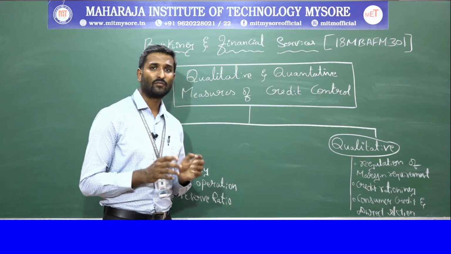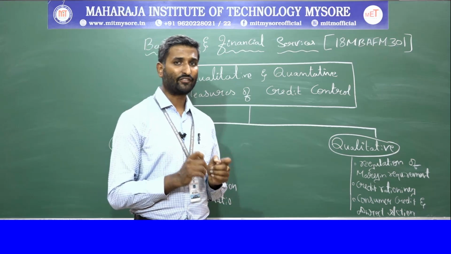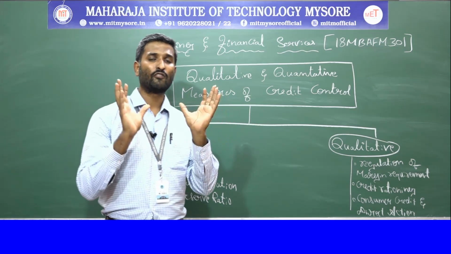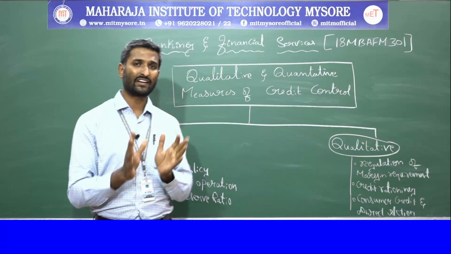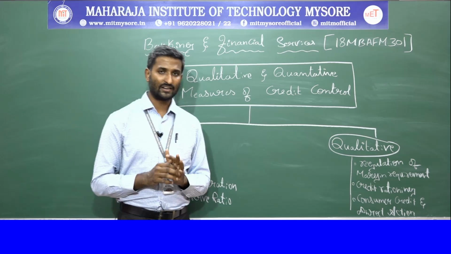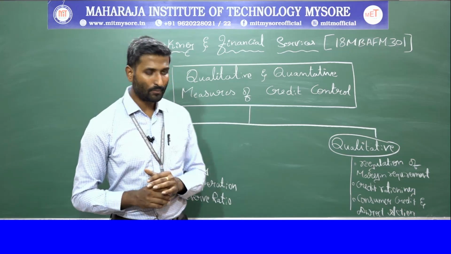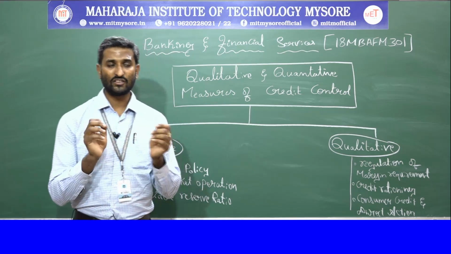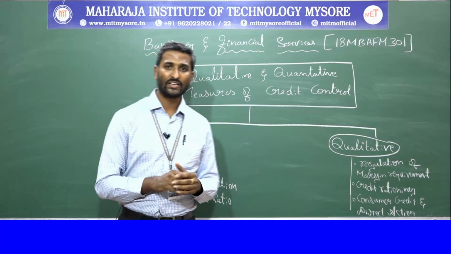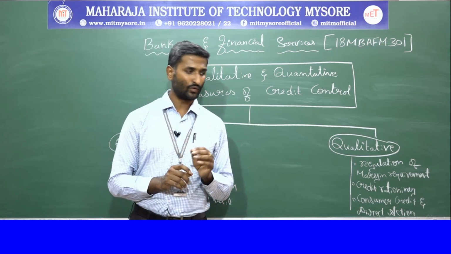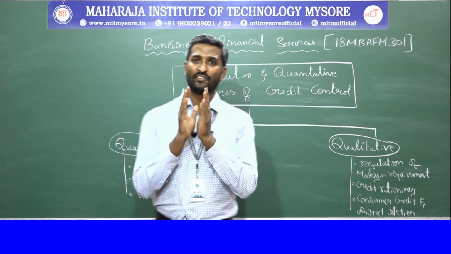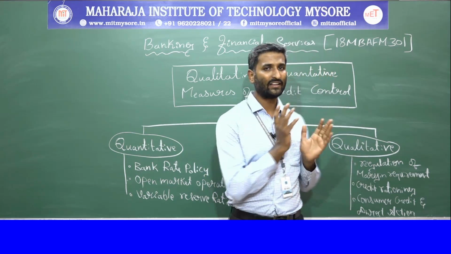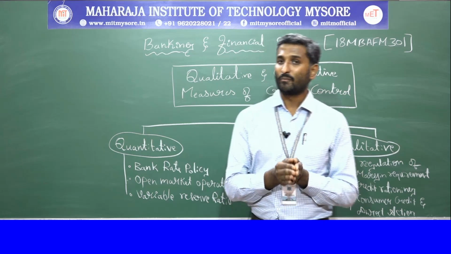These measures are most important for making the country's credit control system more flexible and feasible. Here we are mainly focusing on six key points: three for quantitative and another three for qualitative measures.